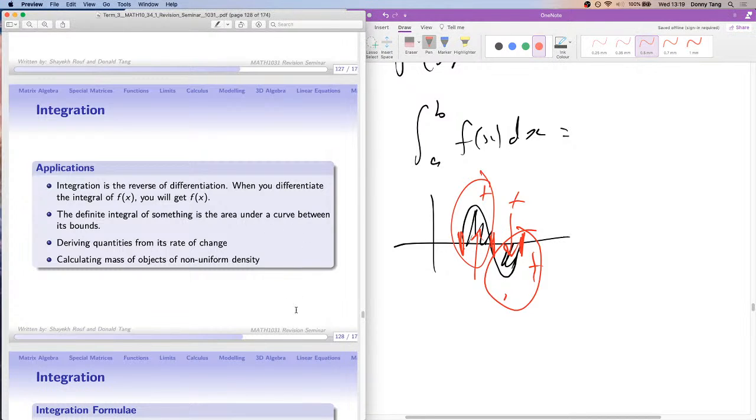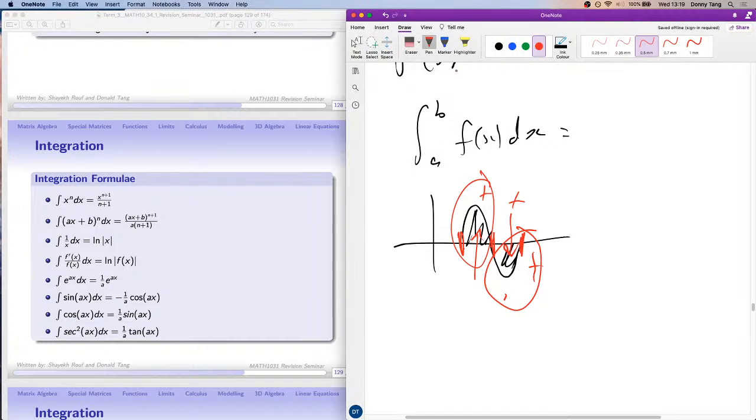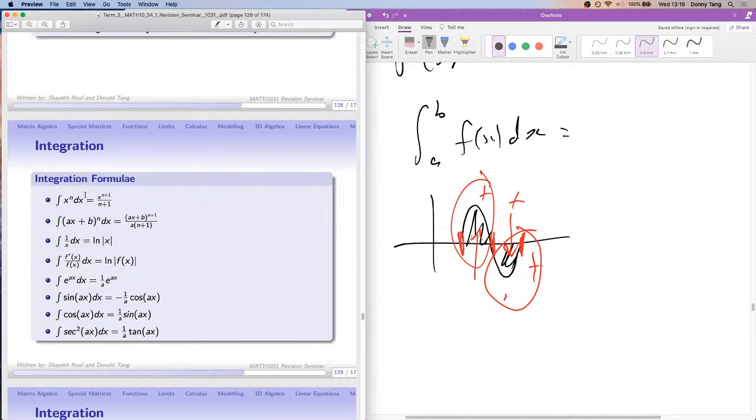All right, anyways, integration. So here's some formulae. I'm not going to go over it. I really hope you guys already know this. All you do is just do this stuff. These are the ones that were in the lecture slides, but I know that in the formula sheet they give in your past papers, there's a lot of them, right? So definitely remember these off by heart.